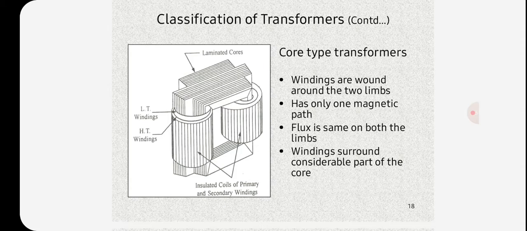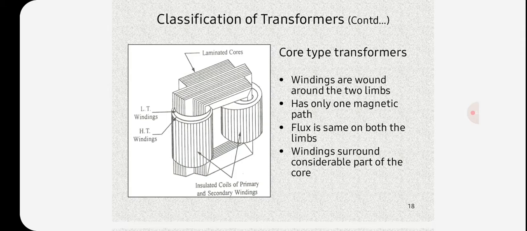There may be some flux that leaks through the core legs and non-magnetic material surrounding the core. This flux is called leakage flux, which may link with one winding and not with the others. It is necessary to minimize the leakage flux to improve the performance of the transformer.